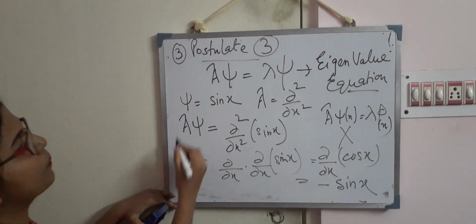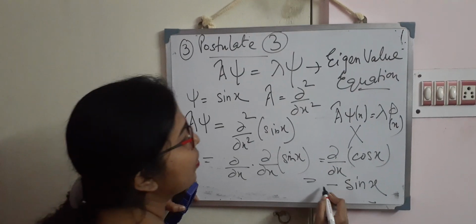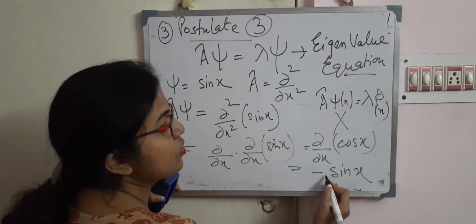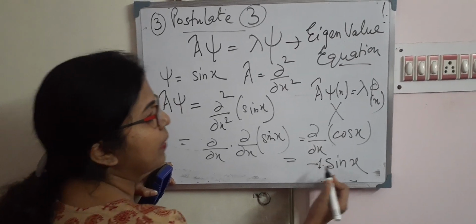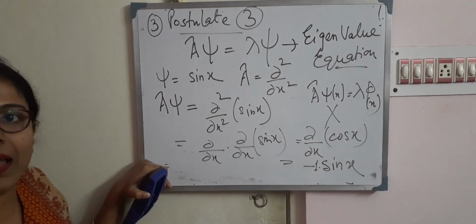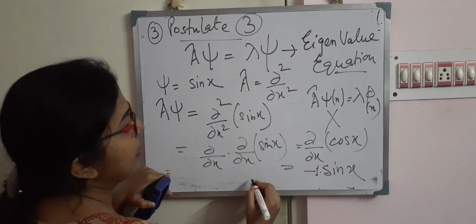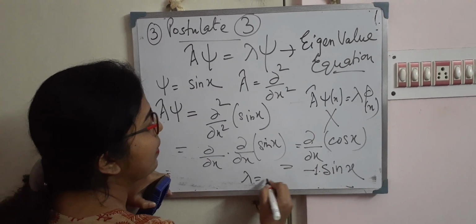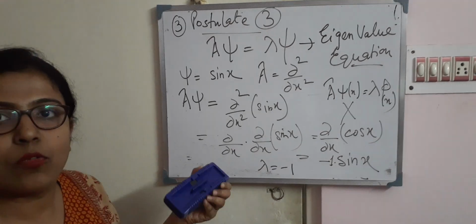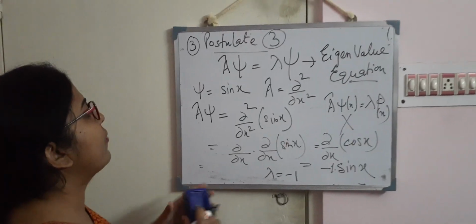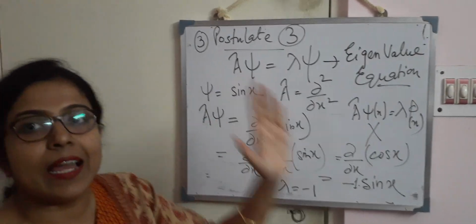So A cap operating on sin x gives minus 1 times sin x back. So sin x is the eigenfunction and the eigenvalue lambda is minus 1. This is one example where sin x is an eigenfunction.